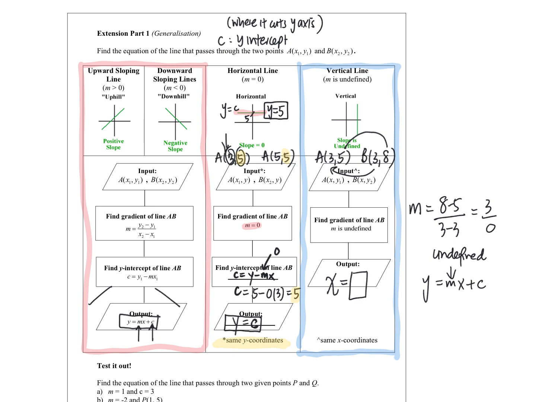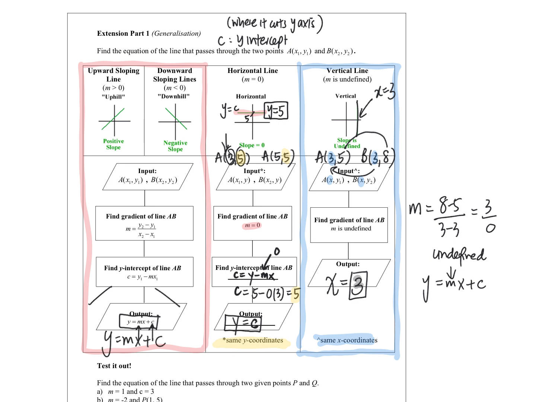So what value will that be? It is the value of x that you see here. Same x coordinate. So in this case, it will just be x equals to 3. So it becomes an equation of this line, x equals to 3. So just take note, when it's upward or downward, your equation is y equals to mx plus c.